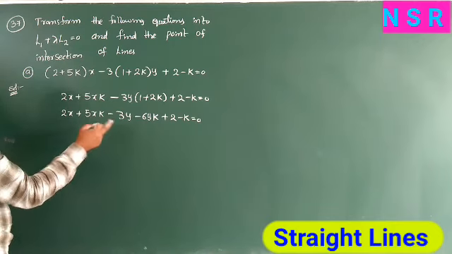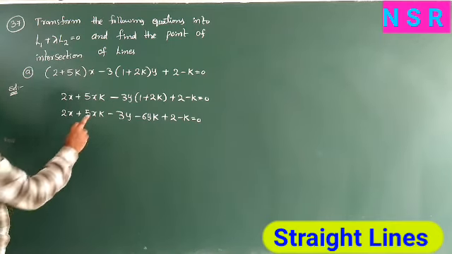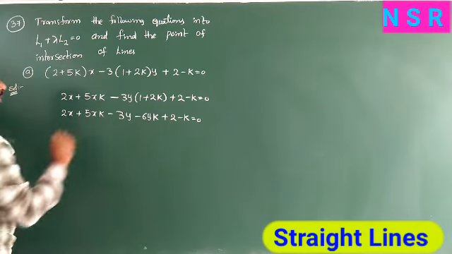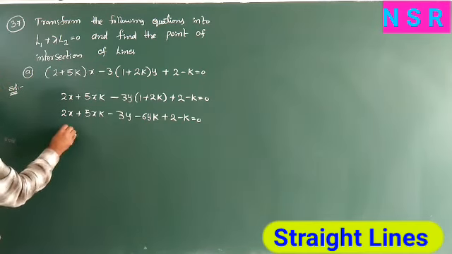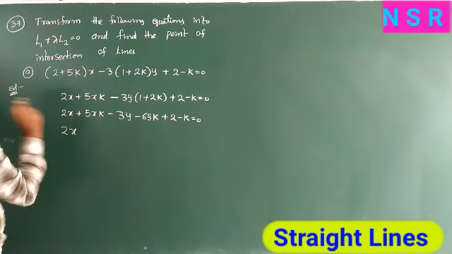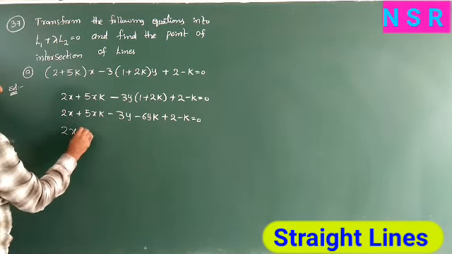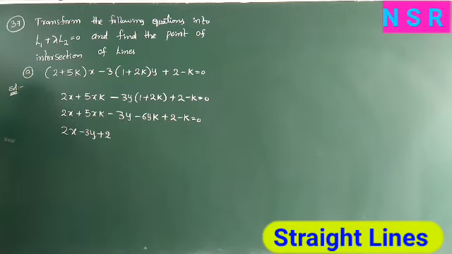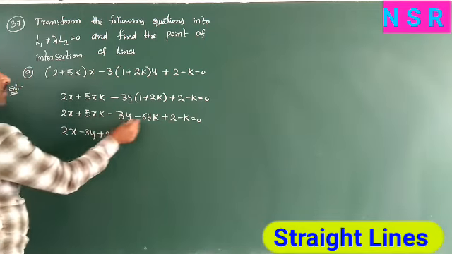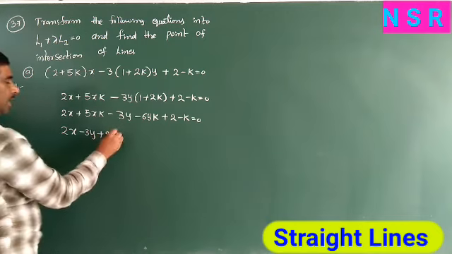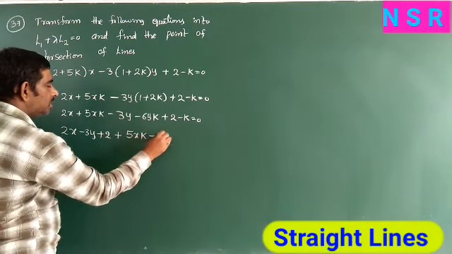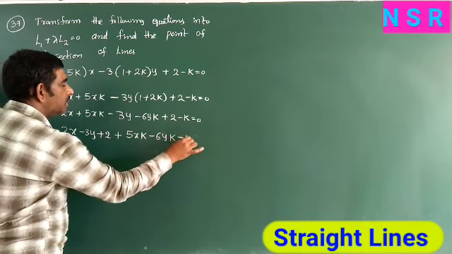Write constant values and next write all k coefficients at one place and remaining terms at one place. So 2x, this is not a k coefficient, and this is also not a k coefficient. Write 2x minus 3y plus 2 one side, next write all k terms: 5xk minus 6yk minus k.